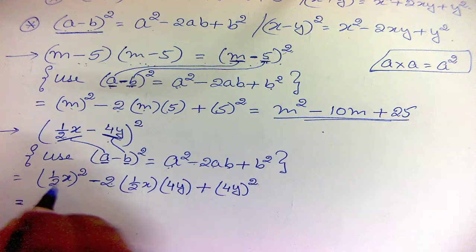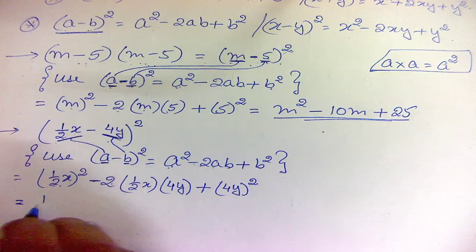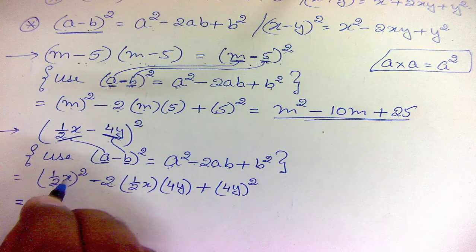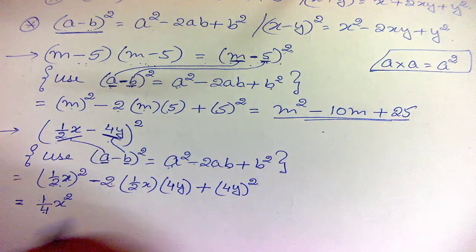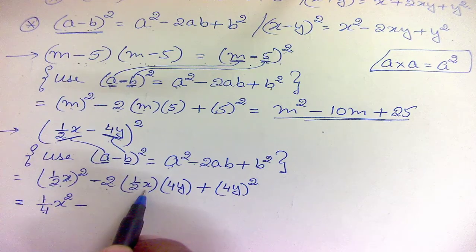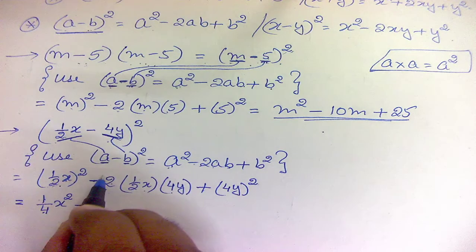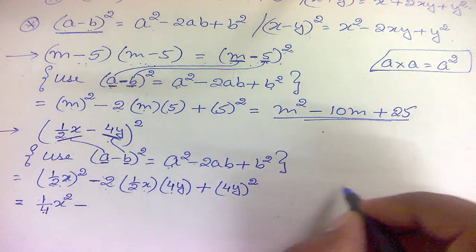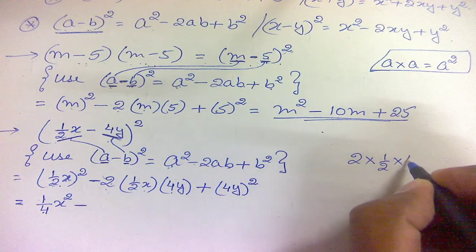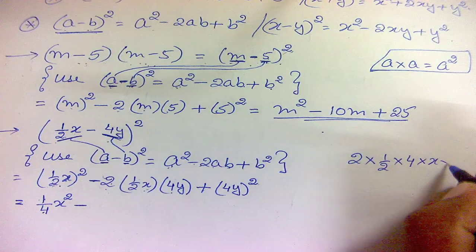Taking the square of 1/(2x): the square of 1/2 is 1/4, because the square of 1 is 1 and the square of 2 is 4. So 1/4, and the square of x gives you x squared, minus. Now you have to multiply 2 with 1/(2x) and further with 4y. Here 2 will be multiplied with 1/2, which will be further multiplied with 4, and then you have x and y, which will also be multiplied.